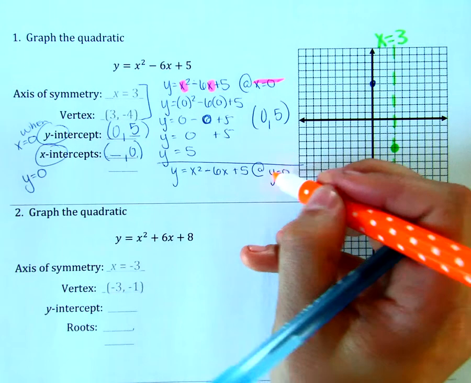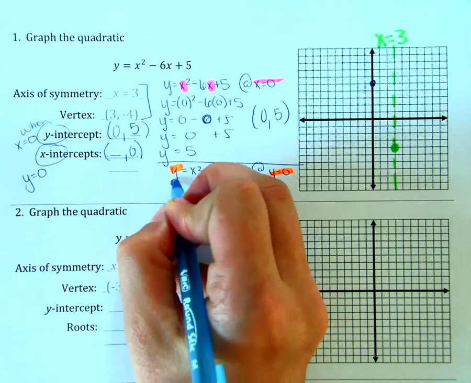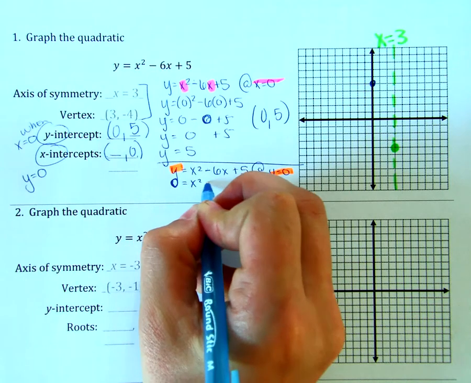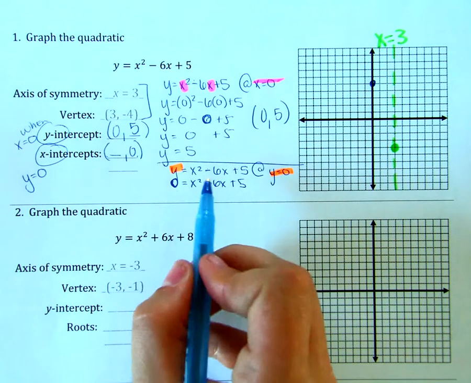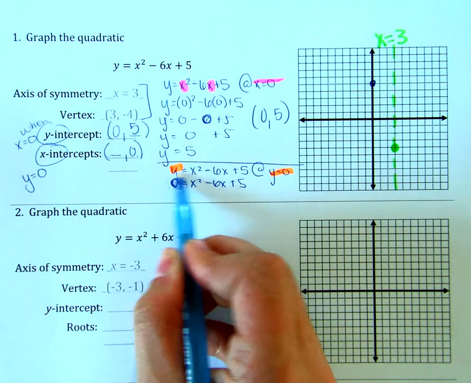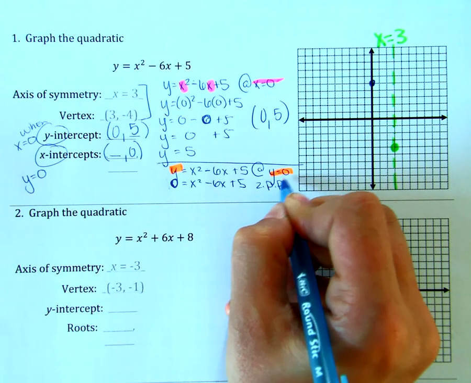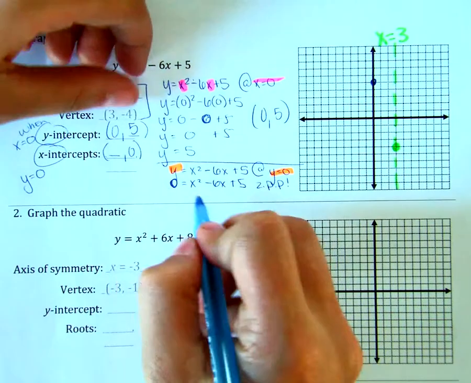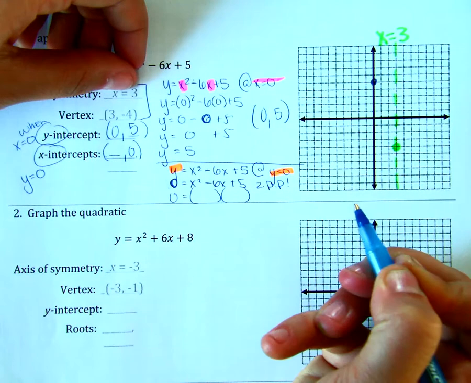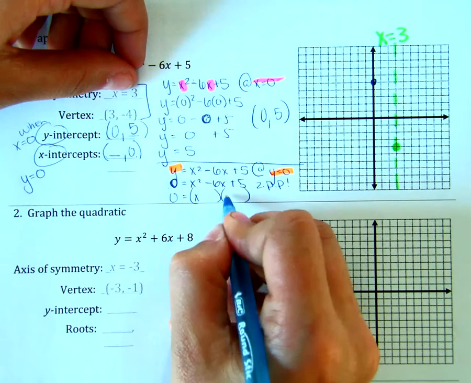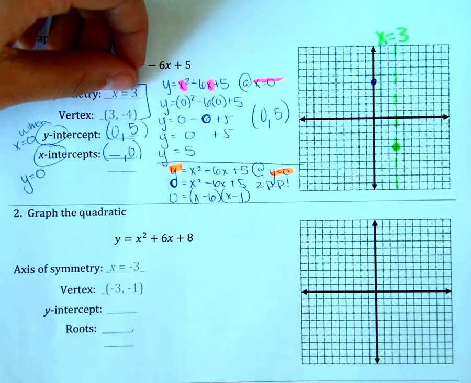So I'm going to substitute 0 in for y. And what you notice is this is now a quadratic set equal to 0, so we can use the zero product property. So we factor this into two binomials using the box method, and you get x minus 6, x minus 1.